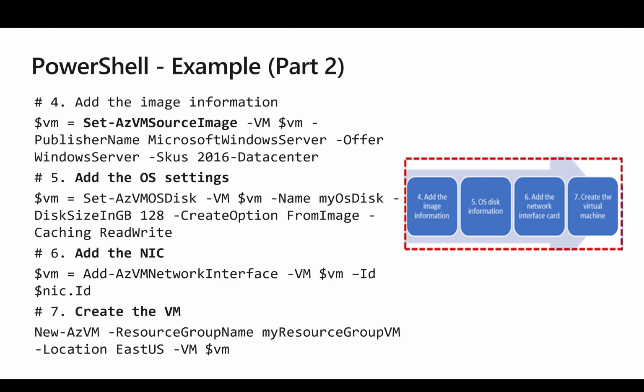In this case, we are trying to set up Windows Server 2016 Datacenter. And the fifth step helps in setting the disk size of the VM. And the sixth step is setting the network interface. And the seventh step is the creation of the actual VM.